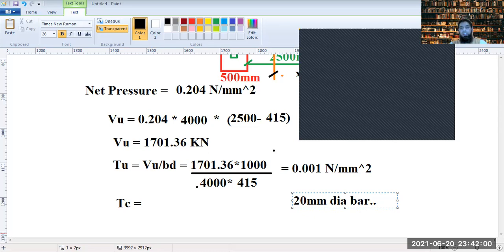So this is a rough calculation. For every little cross section of this, that would amount to 0.001.